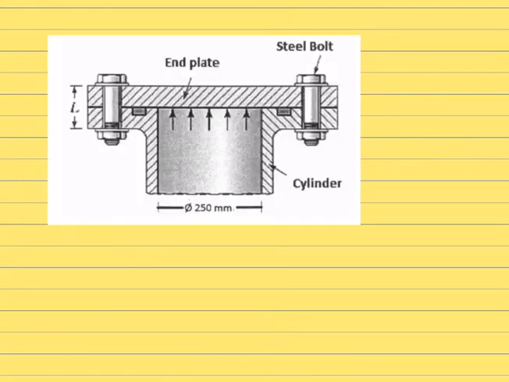Next, we know that internal pressure is equal to force divided by area. Next, we need to find the value of force, F. In order to find F, we need to know the value of area.